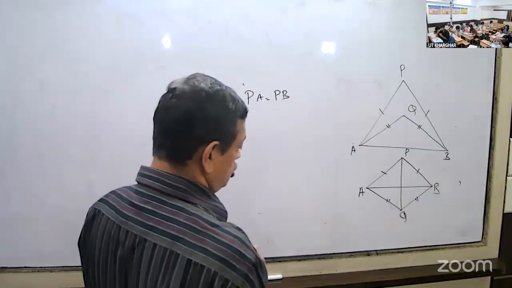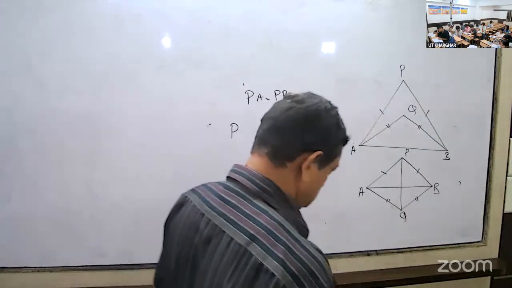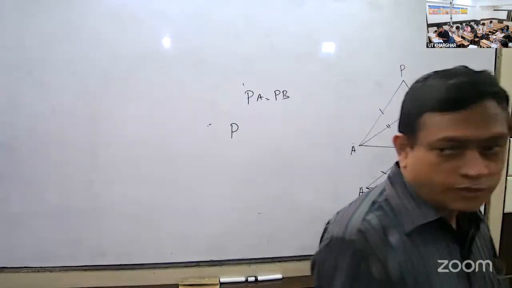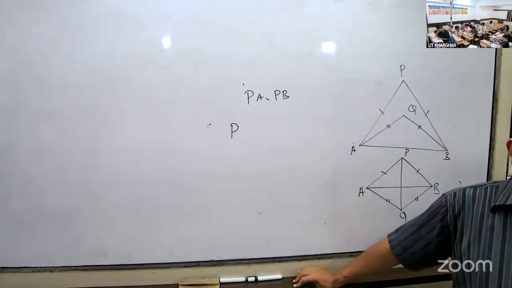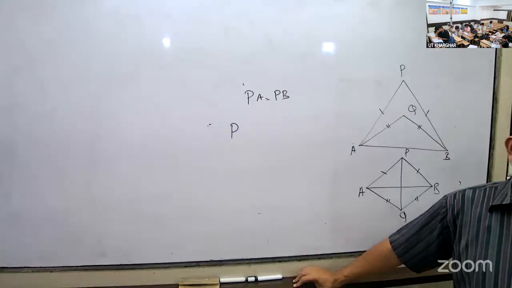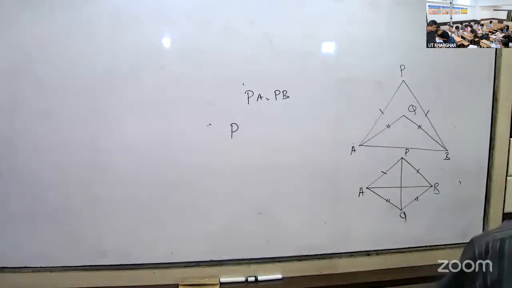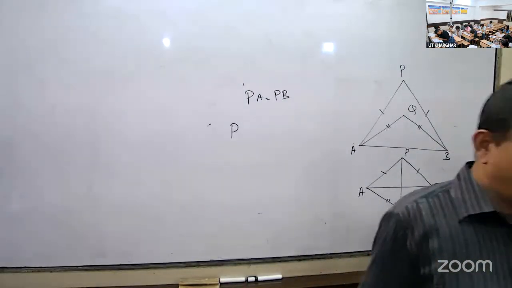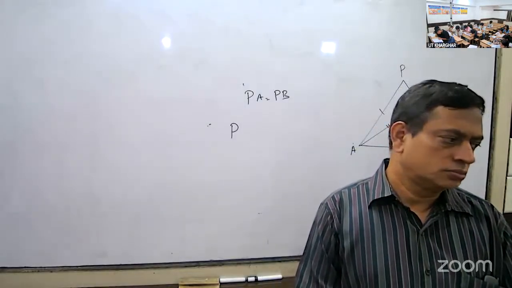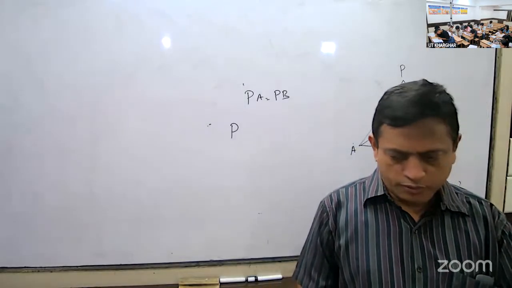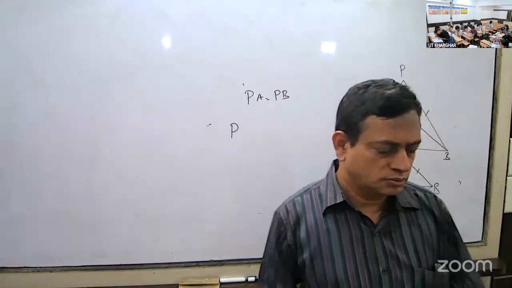The reason: locus of a point equidistant from two given points is the perpendicular bisector.